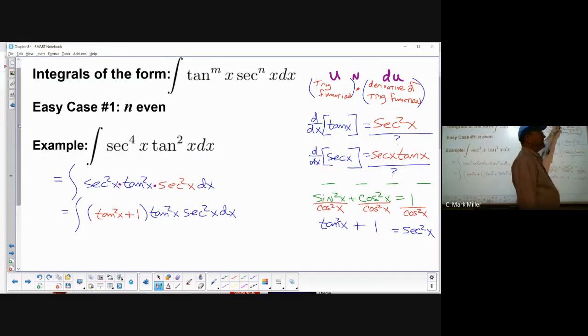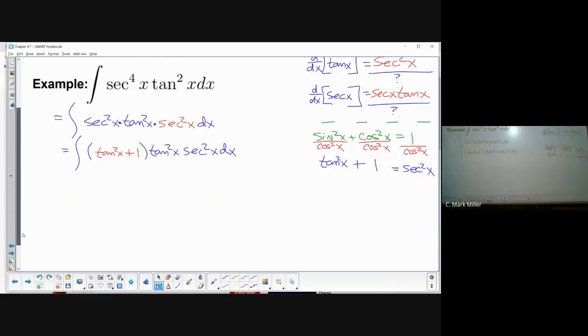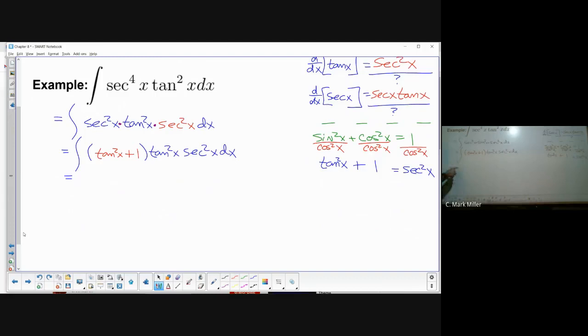Trig function to a power times the derivative of the trig function. So this is going to be the integral of tangent squared x times tangent squared, which is tangent to the 4th x, all times secant squared. Then 1 times all that.